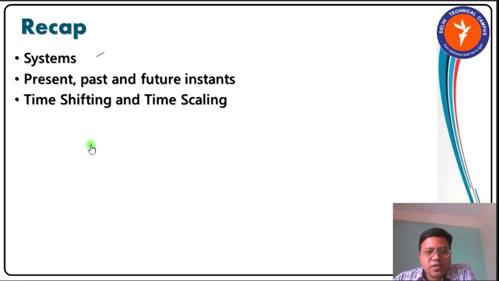A system is made up of some physical components, and if these physical components are arranged in a systematic manner, then it can produce a desired output on the excitation with a certain input signal. Such an arrangement can be termed a system.